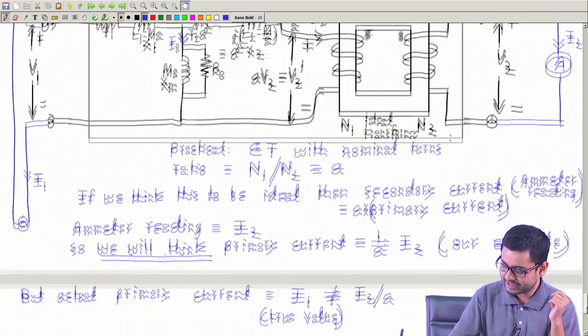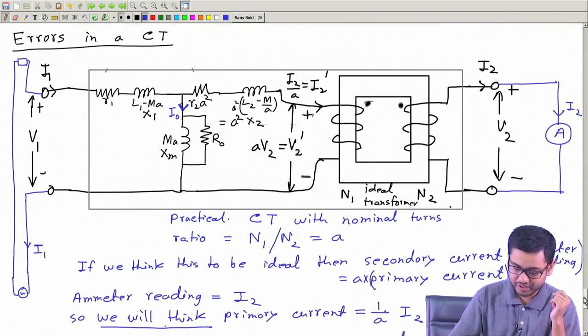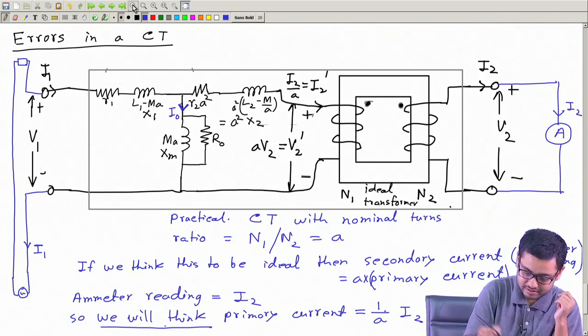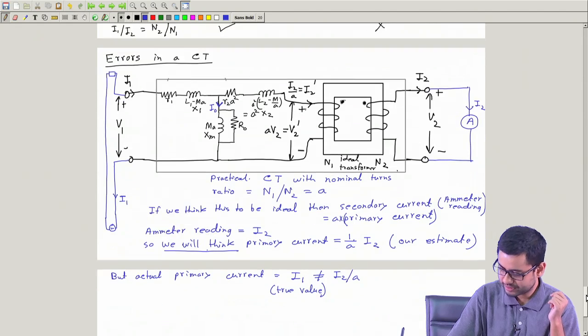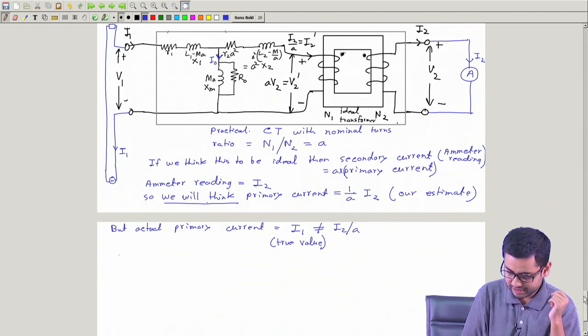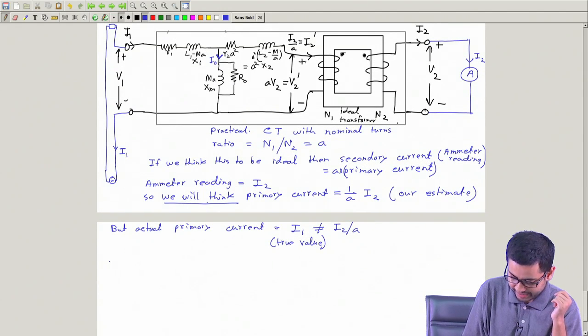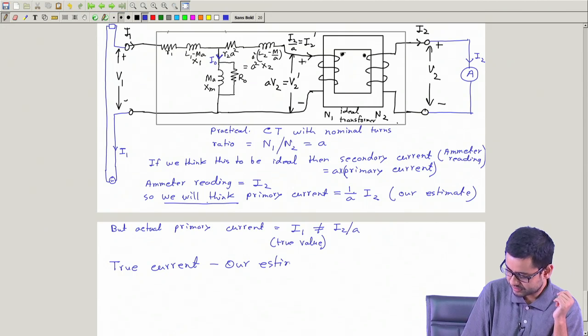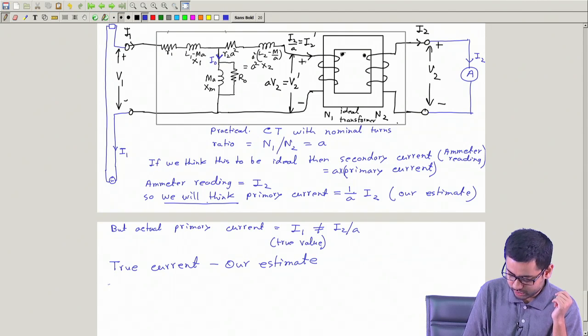So then we can write from this circuit, let me write that true current minus our estimate. This is equal to how much?